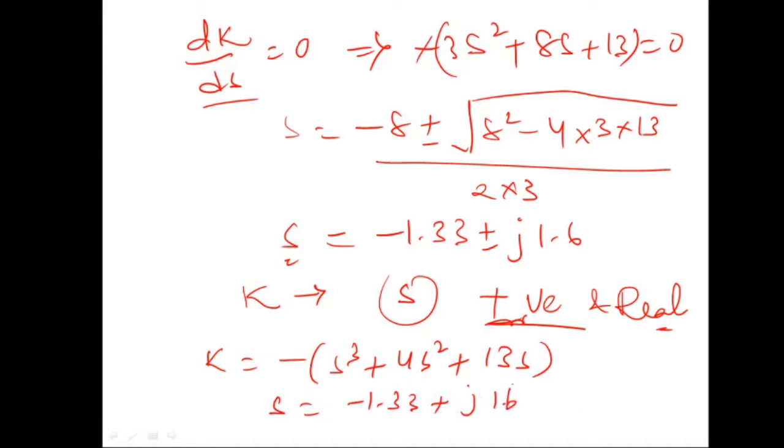If you substitute the value of s in the equation, since it is a complex value, definitely the value of k won't be real. So you don't get a real value. So s equal to minus 1.33 plus j 1.6 cannot be a breakaway point or break-in point.